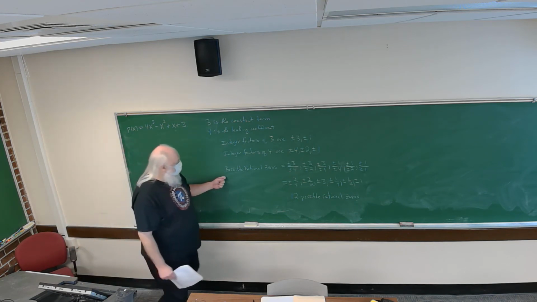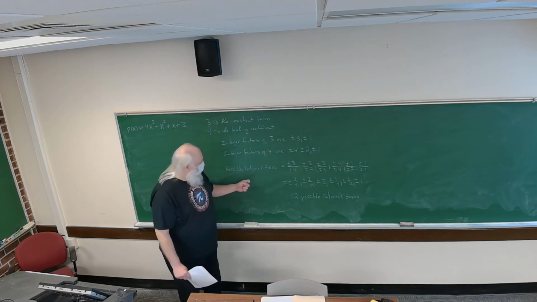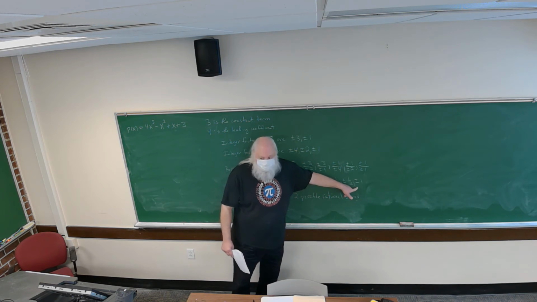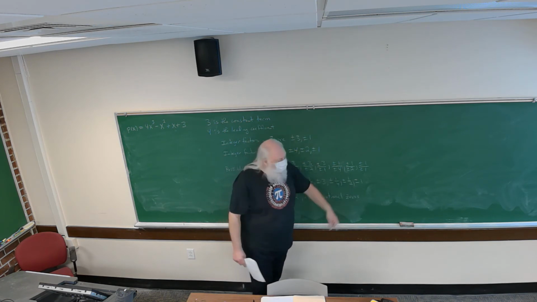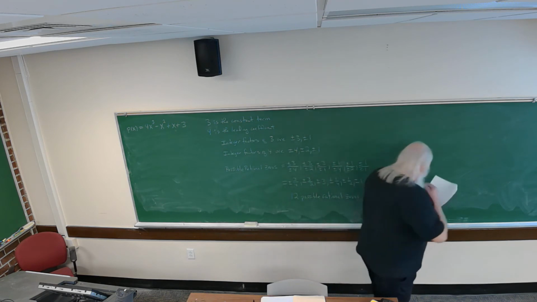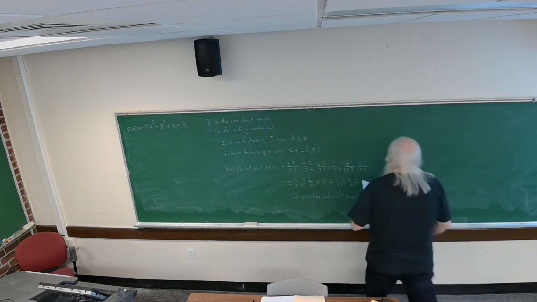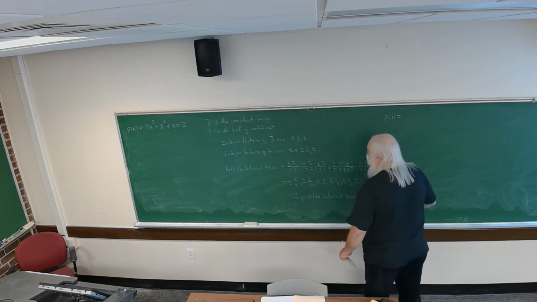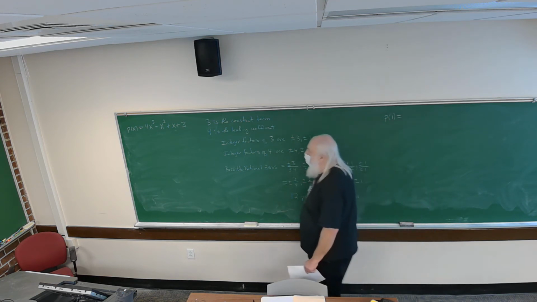Now, one thing you're going to notice about the rational zeros test is that plus and minus 1 always shows up in the set. Plus and minus 1 will always show up. And that's the easiest math to do. So I tested x equals 1, to see if it was a 0.